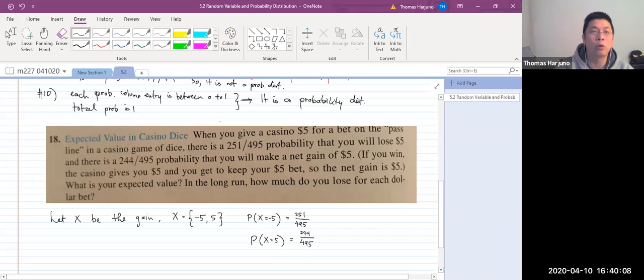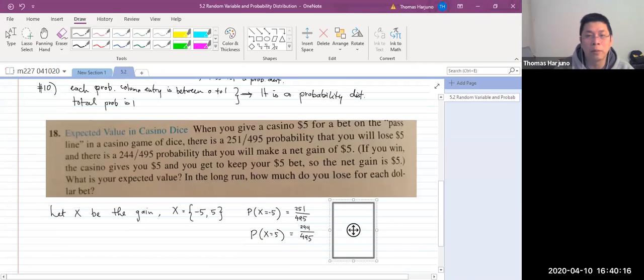Now, because there are only two possible outcomes, when I create the probability distribution, I expect that, let's say this is the probability distribution. This is X, this is P. The outcome of -5 is 251 over 495. And the outcome 5, winning $5, is 244 over 495.